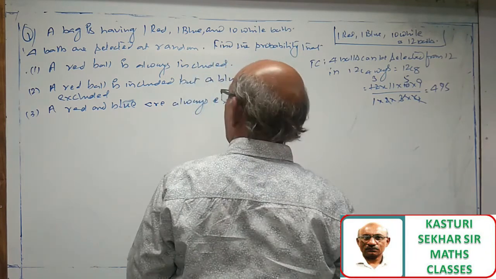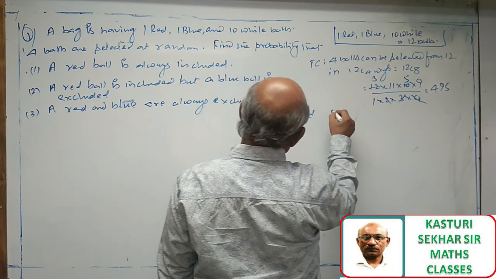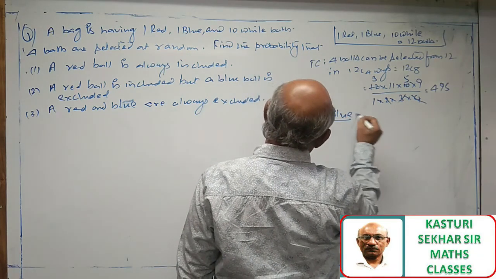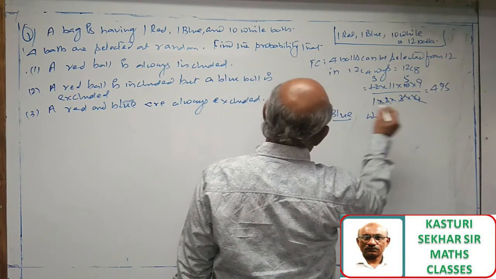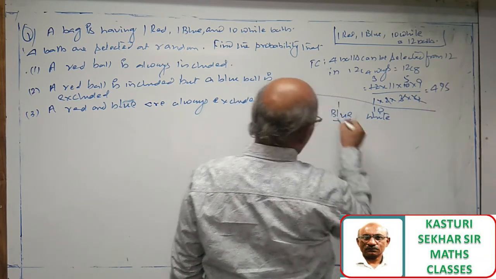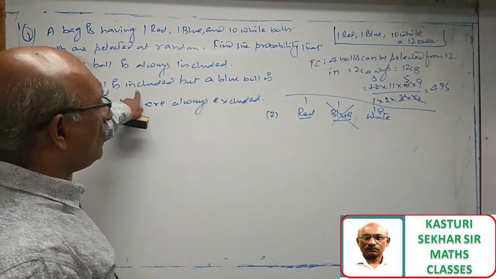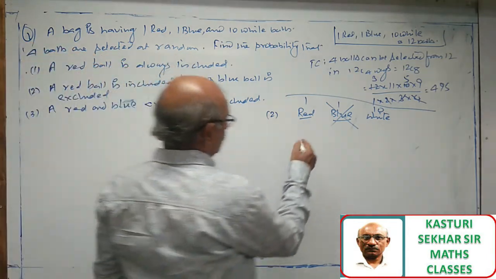Let us go to the second question. Case, sir: red, blue, white. 1 red, 1 blue, 10 white. A red ball is included, but a blue ball is excluded.